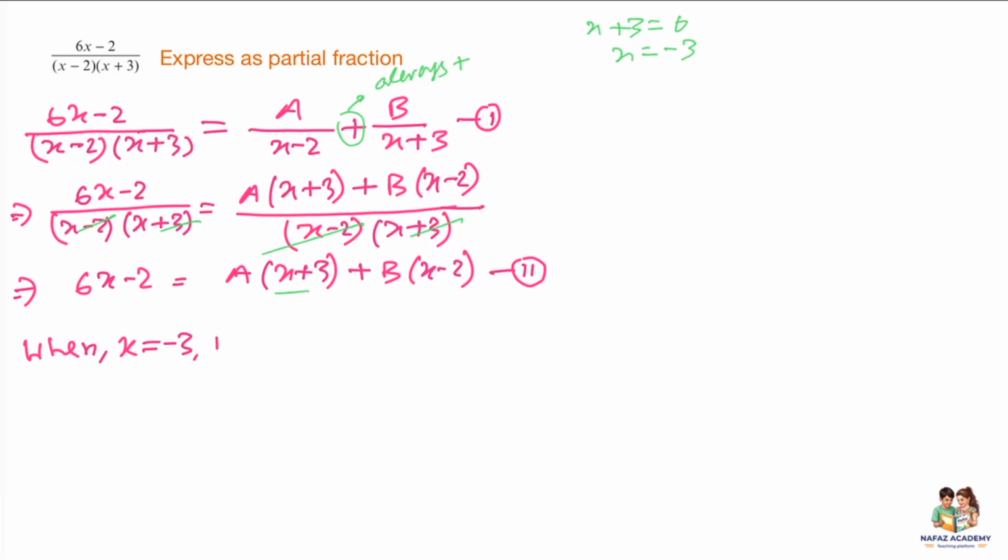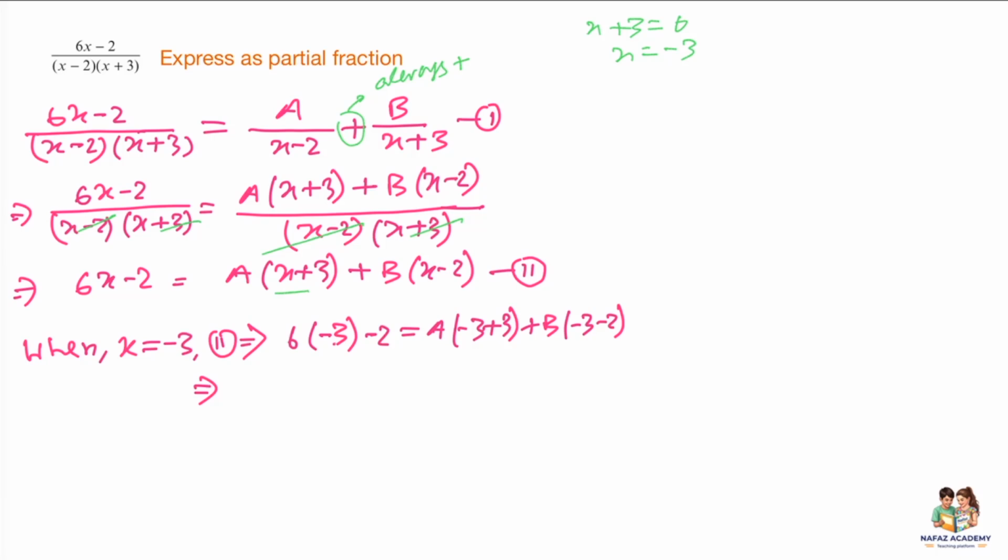Substituting x equals minus 3 in equation 2: 6 times minus 3 minus 2 equals. The A part must be 0 because I am taking the 3 from the coefficient of A. Anyway, so B times minus 3 minus 2.